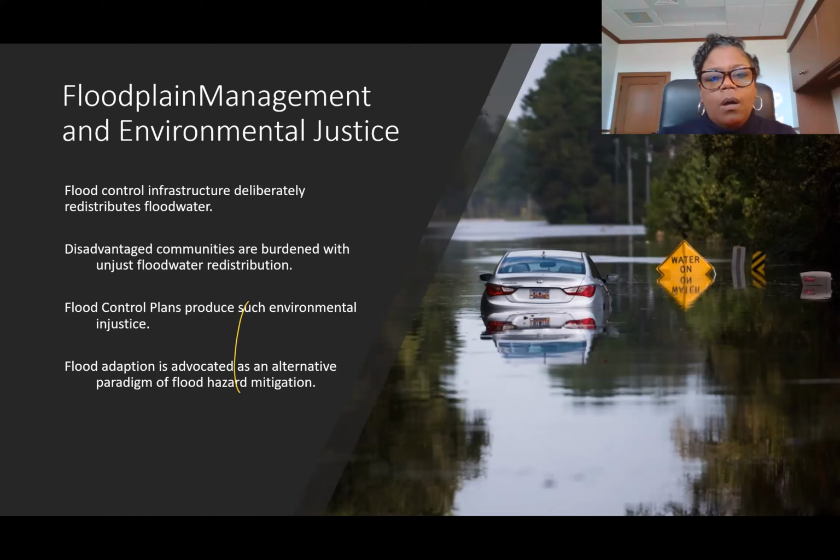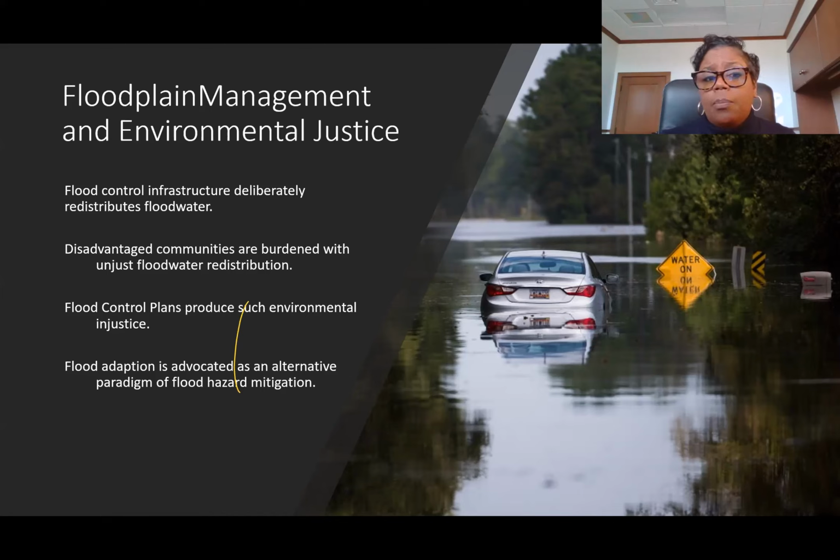So flood control infrastructure deliberately redistributes flood water. Sometimes it says, okay, well, we'll run the risk of running the water there instead of over there. And so that's deliberate injustice.